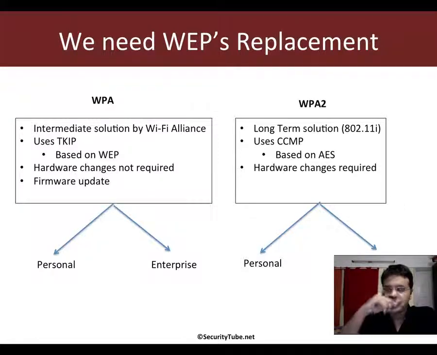One of the other things we discussed was that both WPA and WPA2 have a personal and an enterprise edition. The personal edition typically is WPA PSK, while the enterprise edition is the whole .1x and RADIUS server for authentication and encryption.